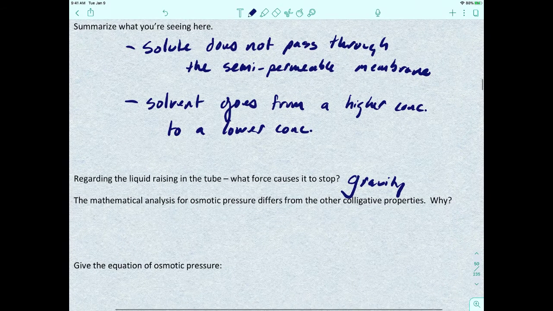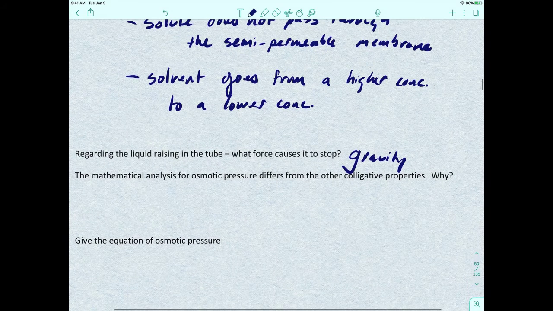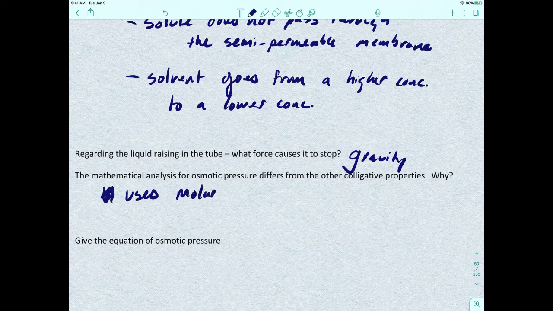Okay, so the mathematical analysis for osmotic pressure differs from the other colligative properties in that instead of using molality or mole fraction, it's going to use molarity, because we're assuming we're at constant temperature.